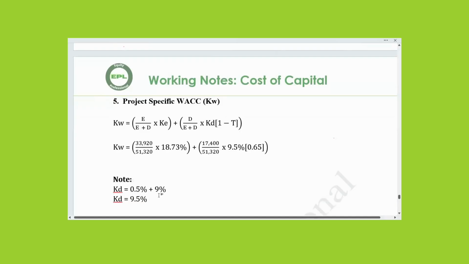Don't think that at all times it will be 0.5% or whatever percentage plus your risk-free rate of return. You are going to treat it specific to each question. The dictate of the question will tell you how you are going to estimate it.